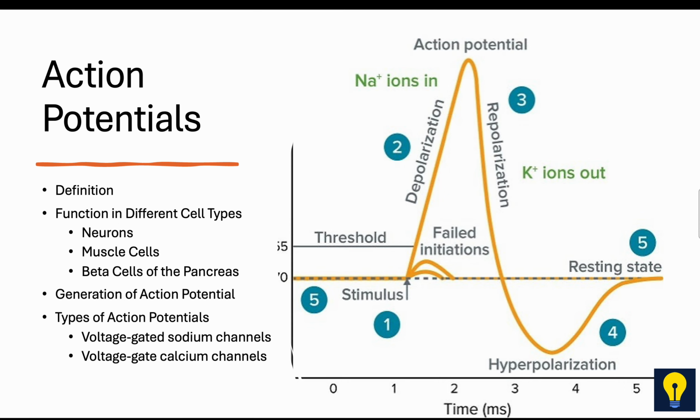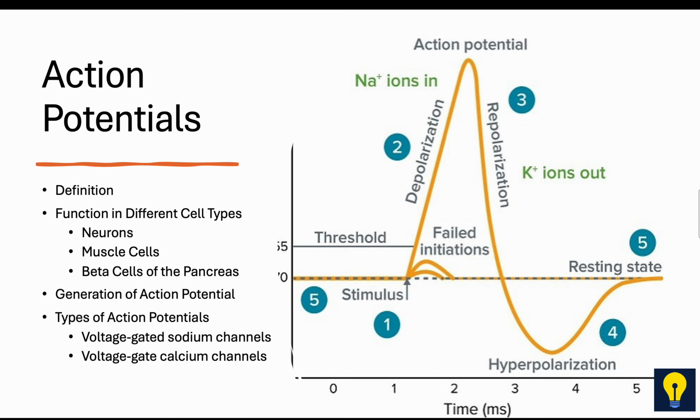In muscle cells, they initiate the chain of events leading to a muscle contraction. In the beta cells of the pancreas, action potentials trigger the release of insulin. So action potentials happen in various cells throughout the body and have different functions.